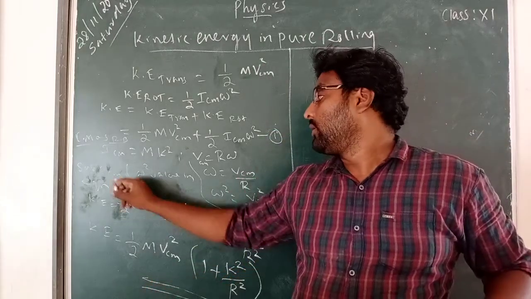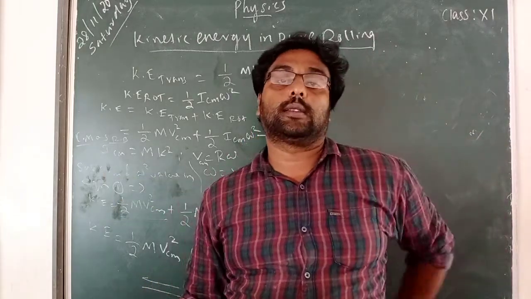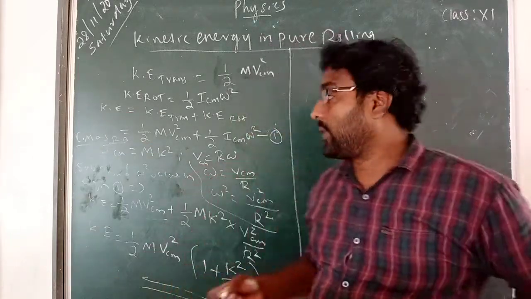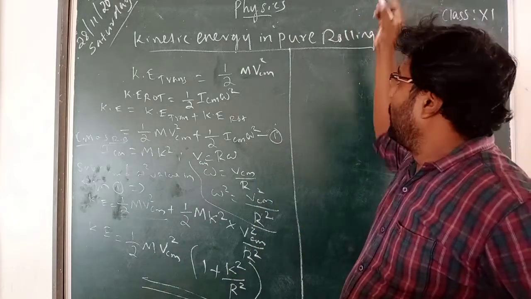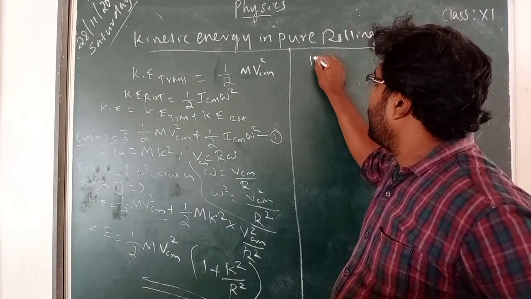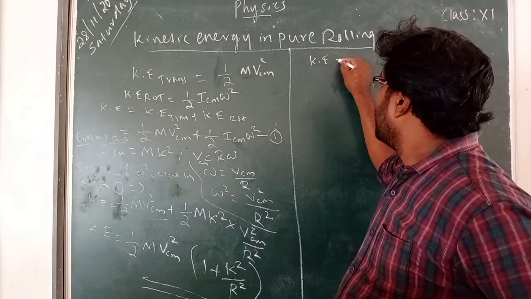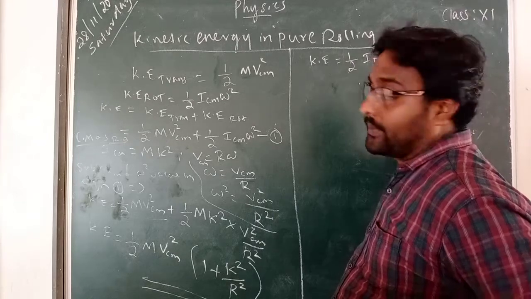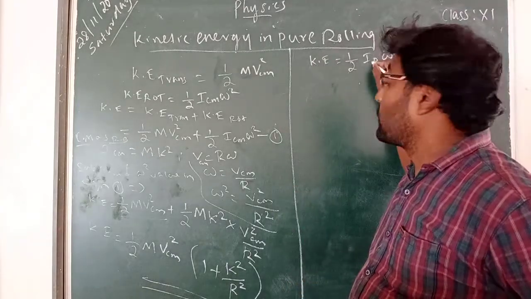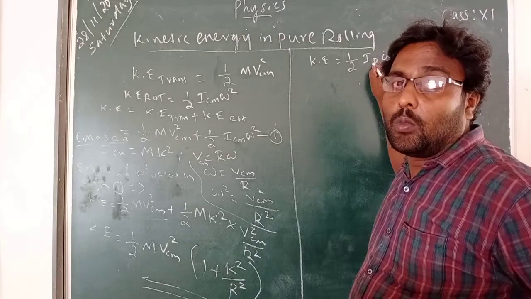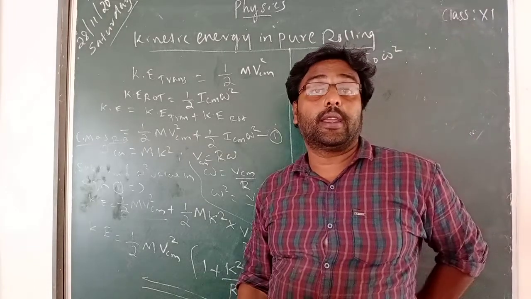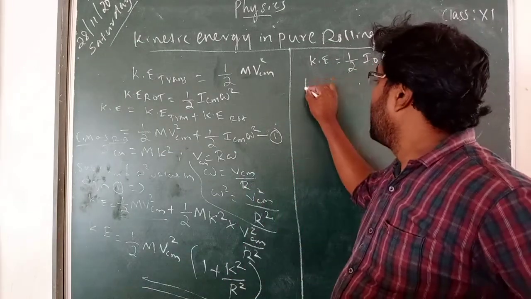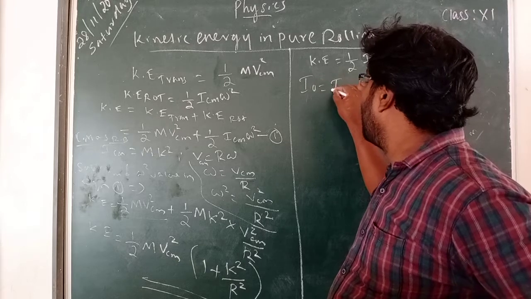We got this with the center of mass as reference point. Now you can choose the point of contact as reference point. So you can choose the formula kinetic energy is equal to half I0 omega square. I0 means what? Moment of inertia. You have learned already the parallel axis theorem. So from the parallel axis theorem, I0 is equal to what?